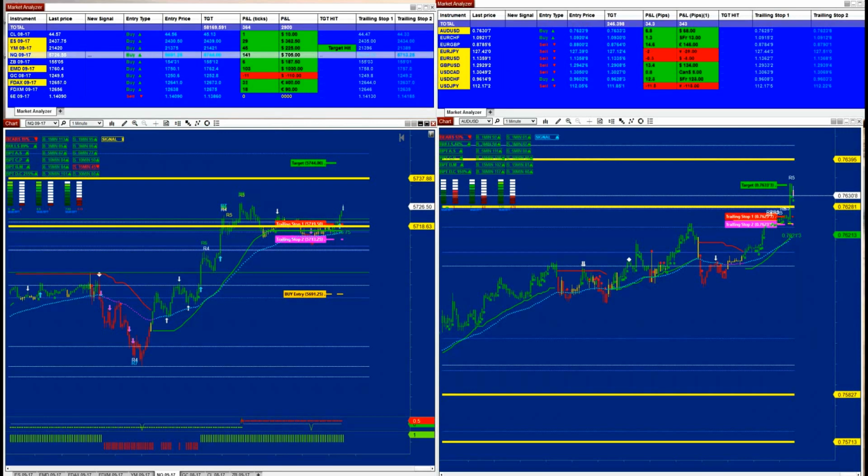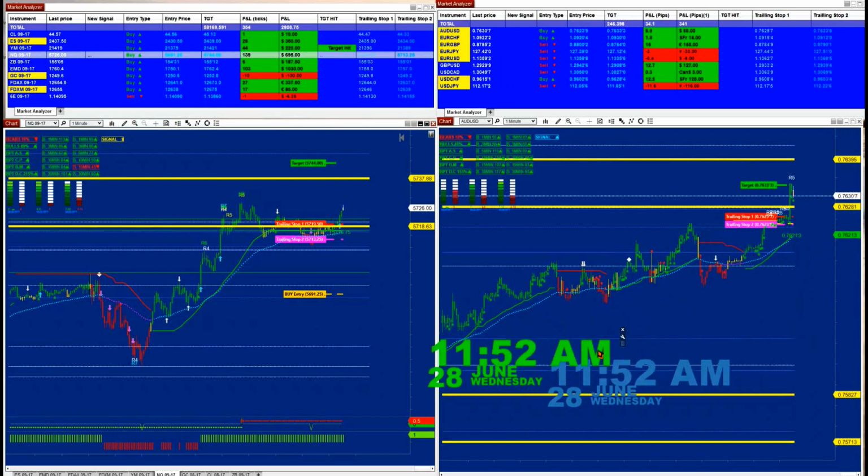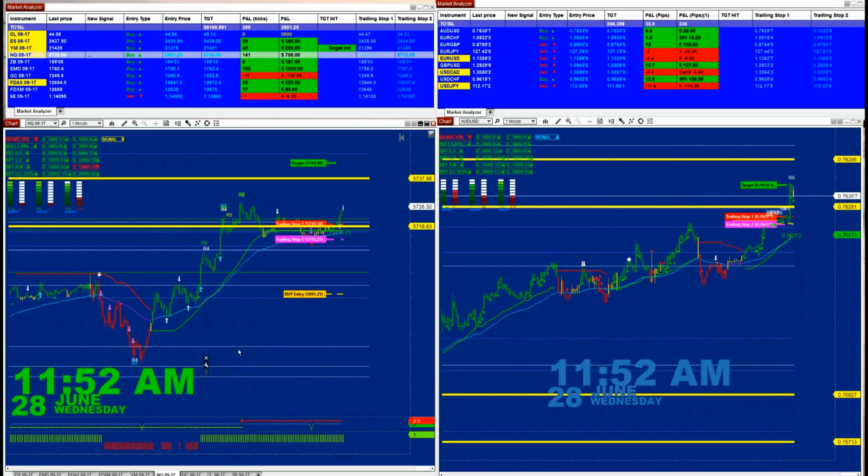For some reason, on the swing trading, the NASDAQ has outperformed the auto trade, the scalper, by far, and it has a good performance. Now it is almost 11:52, with a total of over 350 ticks.